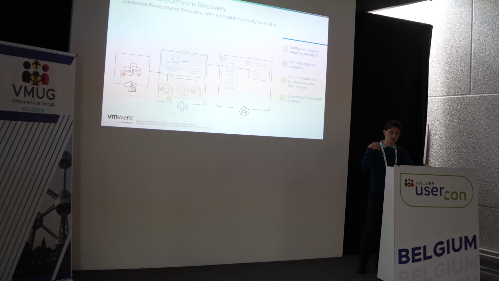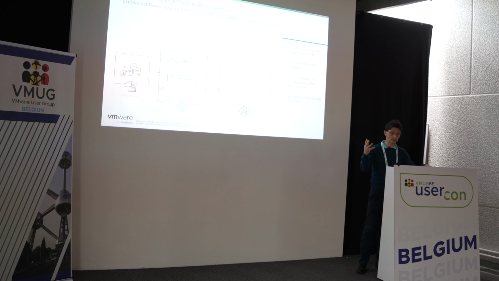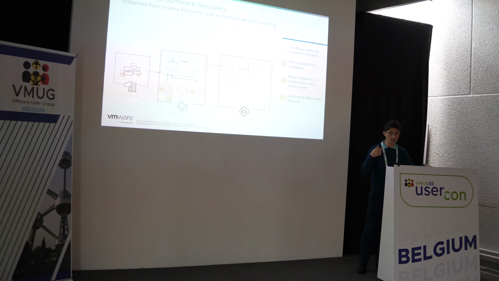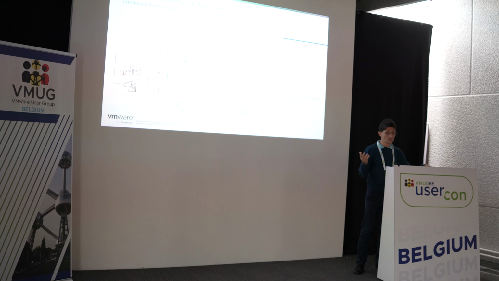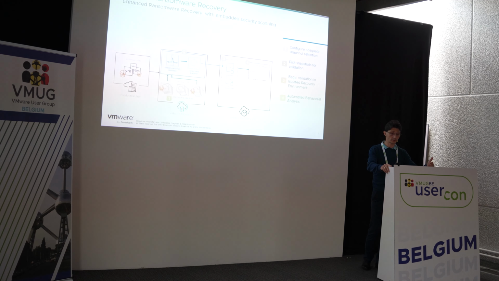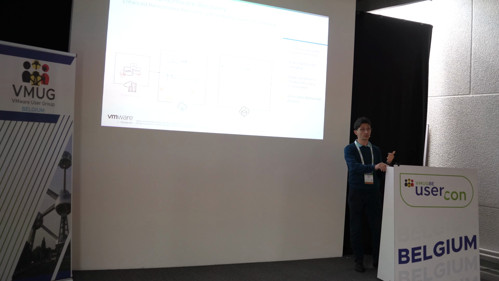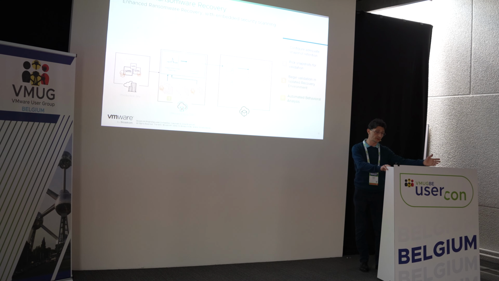So the IRE is up and running, and you can immediately, through live mounting, start mounting the VMs in quarantine mode. So at this point, they're not interacting with each other, they're not interacting with the IRE, and they're not interacting with the outside world. So in this mode, you can run various scans, the standard vulnerability and file system scans.